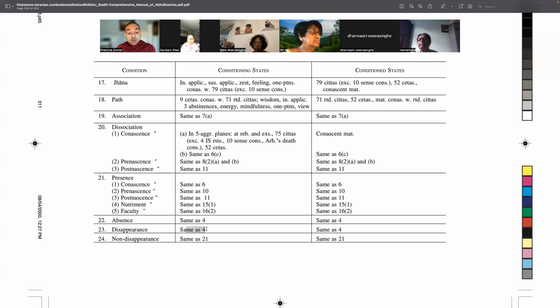Then the disappearance moment results must come first, no? Because the disappearing happens first, and then the absence happens second. And then we have the proximity condition also, the fact that as this passes, the next consciousness is going to be one of those 52 and 89. So can we take that approach? Because when does the conditioned state arise? You get what I mean?